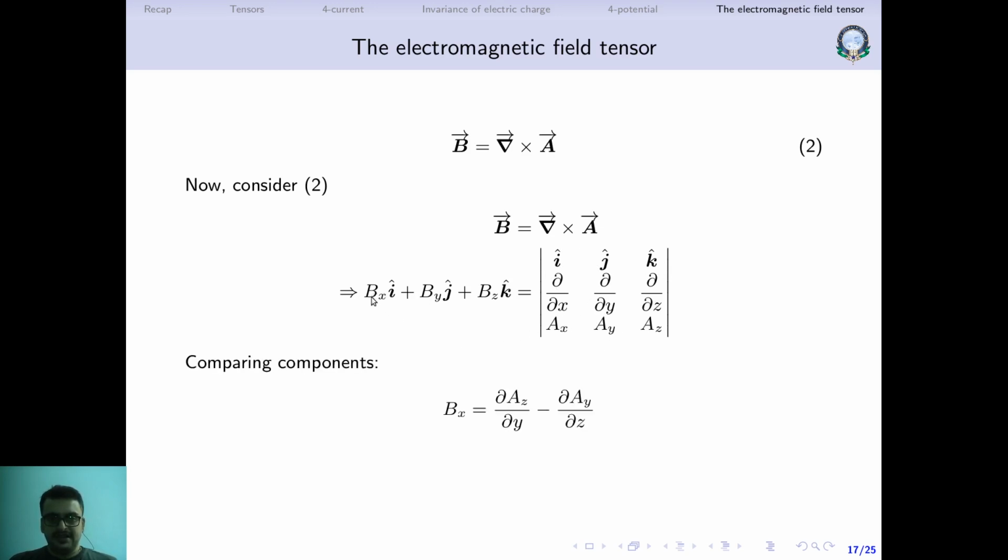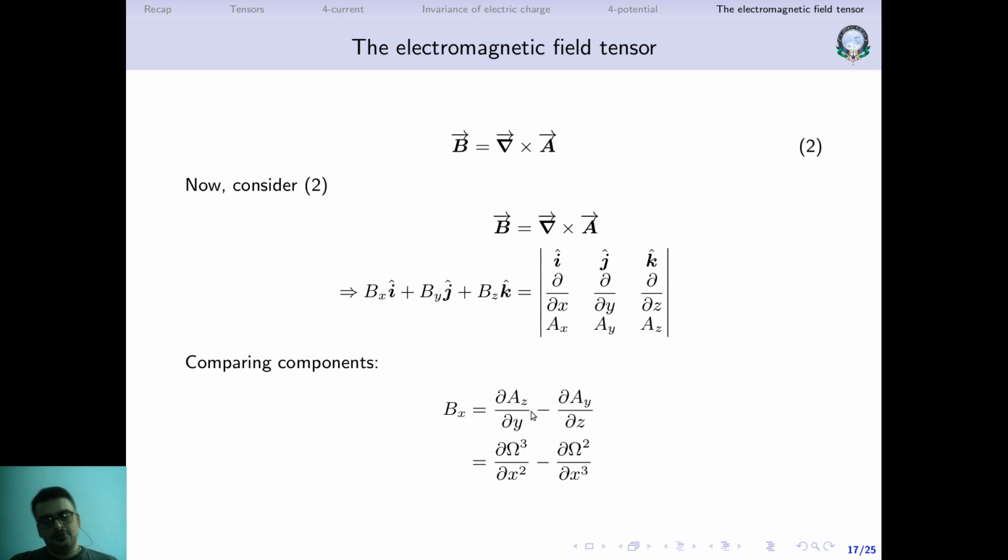So what is Bx i cap? Bx, the x component, will be equal to i cap times whatever is left: dou Az by dou y minus dou Ay by dou z. So this is very simple. What is Az?